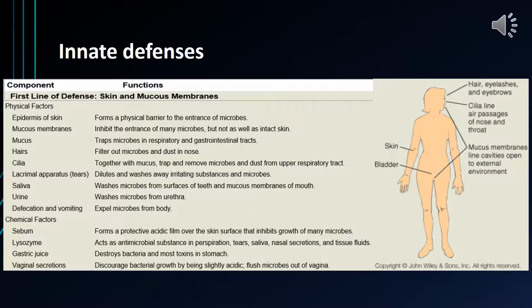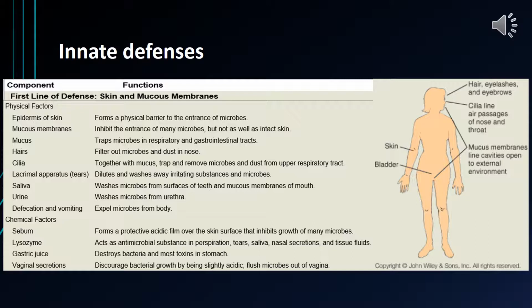So there's the lacrimal apparatus or lacrimal gland, which produces tears, and the tears produced here dilute and wash away irritating substances and microbes. The urine can serve as an innate defense because it washes microbes from the urethra. Also, defecation and vomiting help to expel microbes from the body, and this would likely be caused by food poisoning.